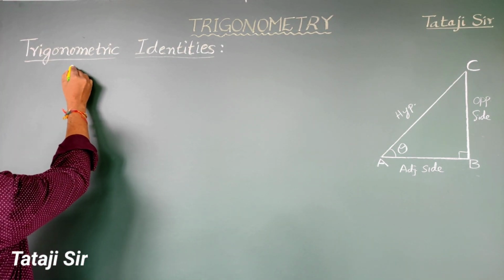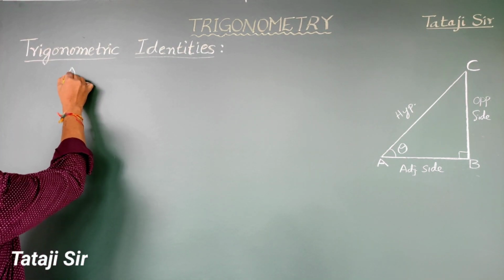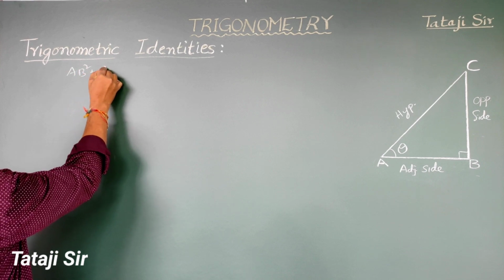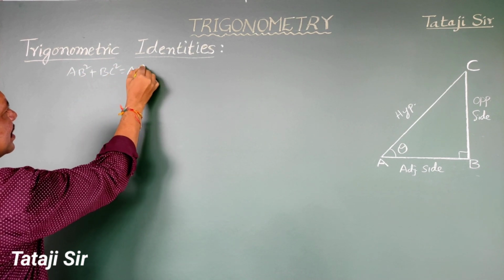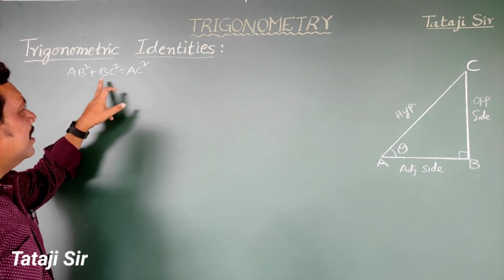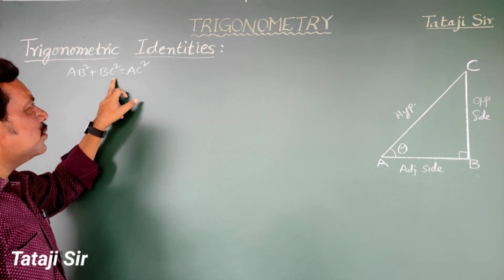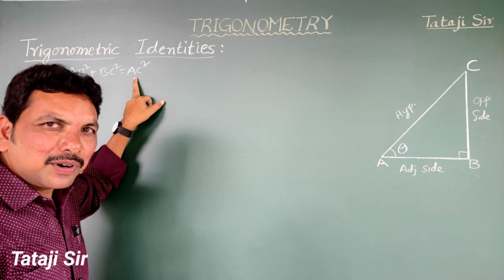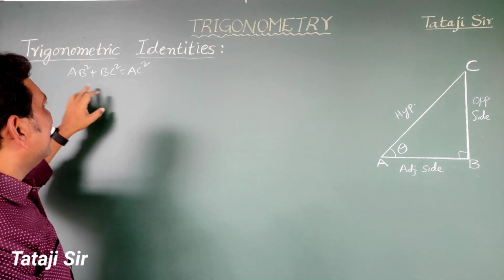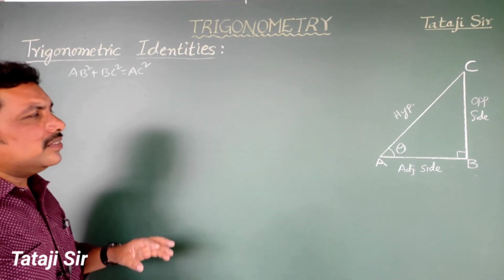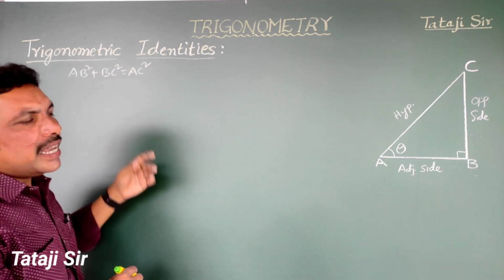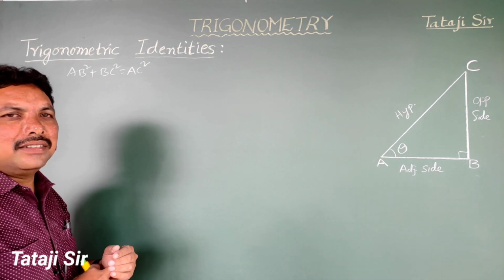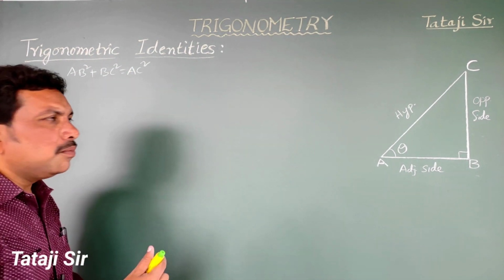See, take AB square plus BC square is equal to AC square. The sum of the squares of the other two sides is equal to the square of the hypotenuse. In this equation, divide with AC square on both sides.